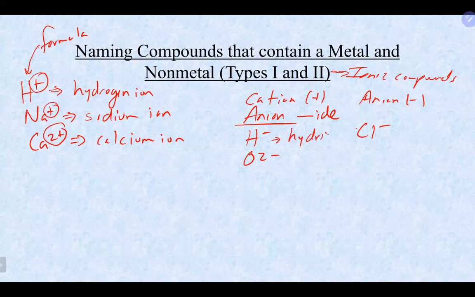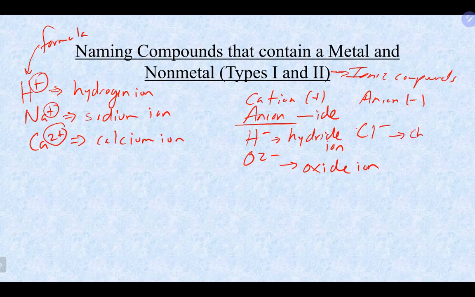So this would be the hydride ion. Oxygen becomes the oxide ion. Chlorine becomes the chloride ion. Once again, these are the formulas for the anions, and they should have the charges associated with them.